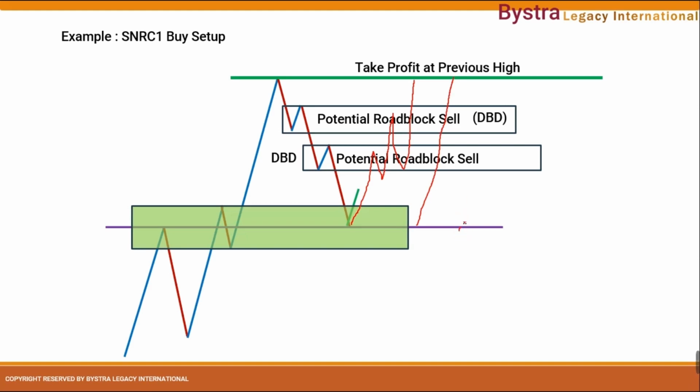There are certain times when price comes like this, comes back down here, breaks this one, comes back down here, and there are a lot of possibilities for what price is going to do. We can never predict the future. The most important part is that we can lower the risk and we can monitor what is going on in that area.